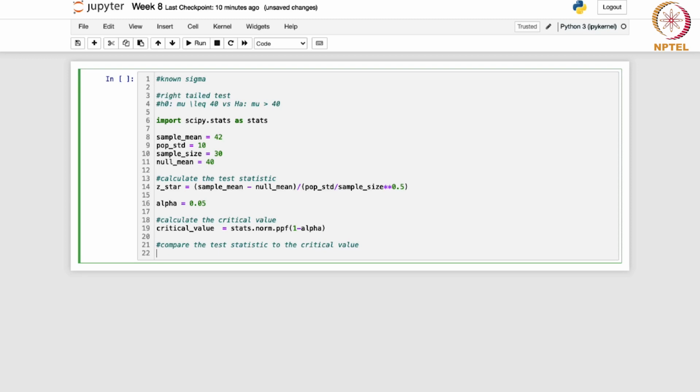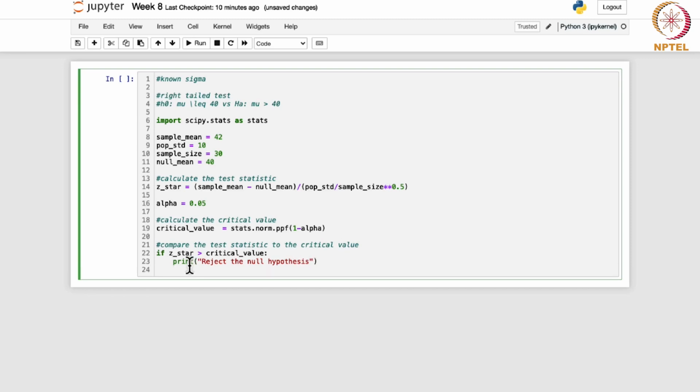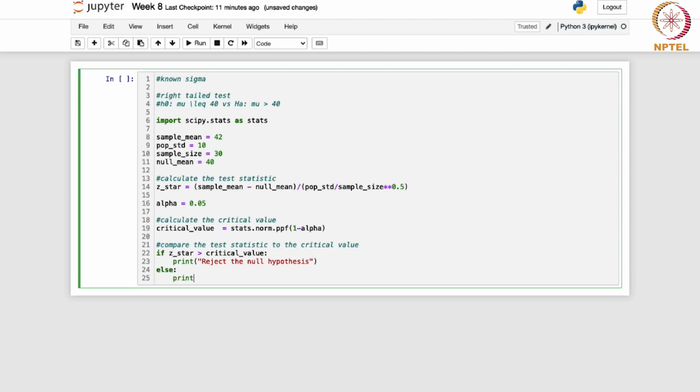You will write an if statement: if z star is greater than the critical_value, then you would print reject the null hypothesis. Else, print we fail to reject the null hypothesis.